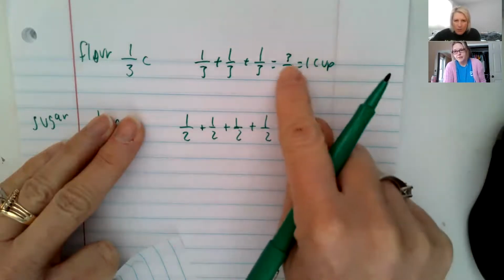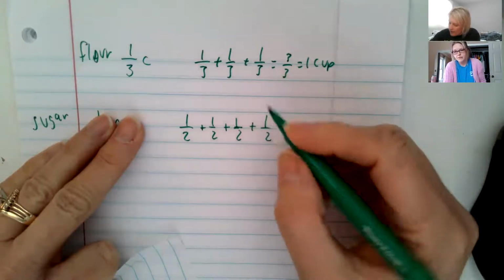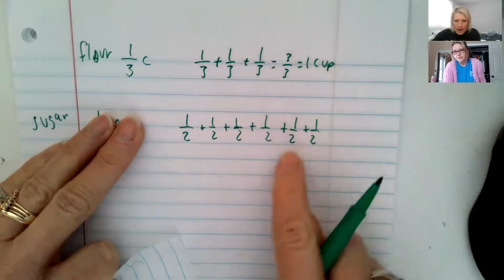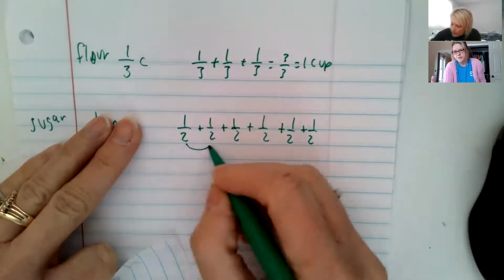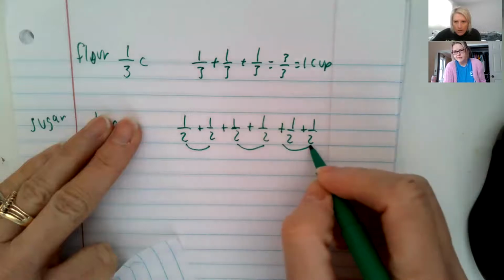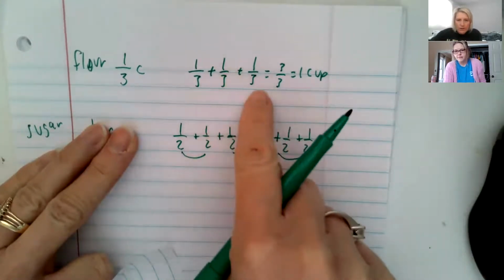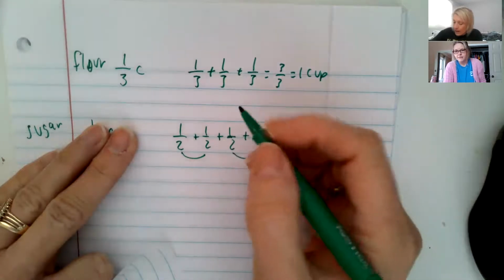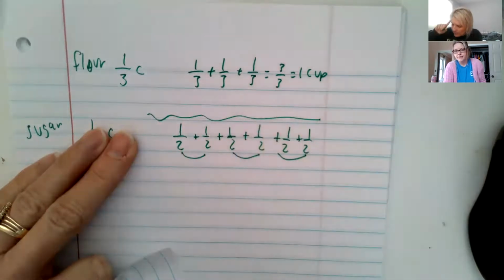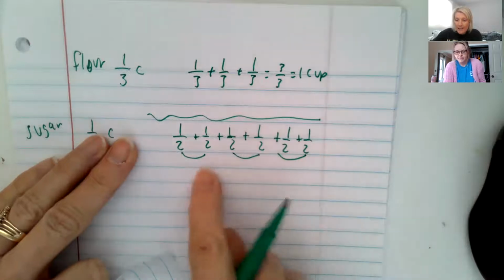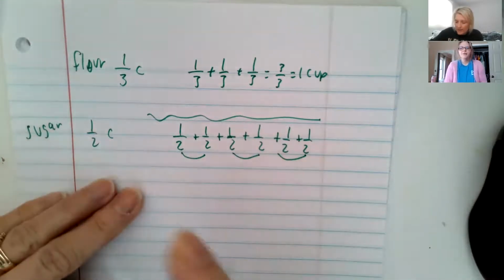But if I did a 4th one of this, that's too much. Let's see if I do another 1/2 plus 1/2. So I've got 1 cup, 1 cup, 1 cup, right? So that means I have to do this one a total of 6 times. I did this 1, 2, 3, 4, 5, 6, right? I 6 times my recipe.